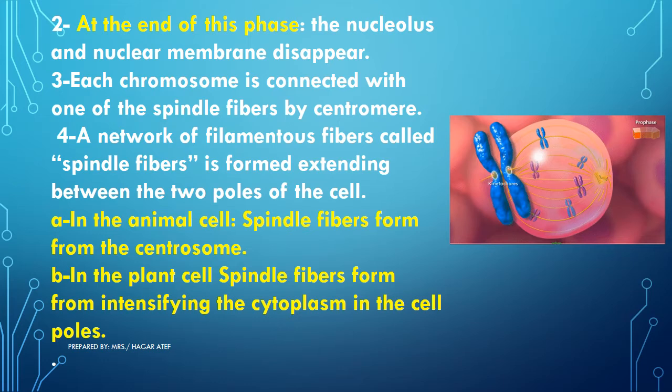A network of filamentous spindle fibers forms, extending between the two poles of the cell. In the animal cell, spindle fibers form from the centrosome. In the plant cell, spindle fibers form from intensifying the cytoplasm in the cell poles.